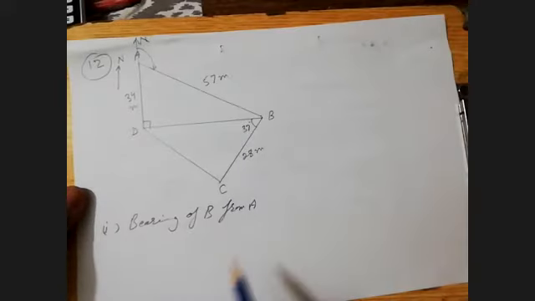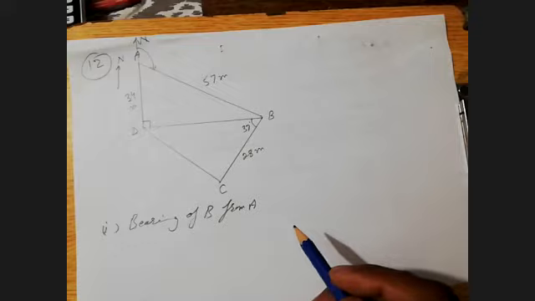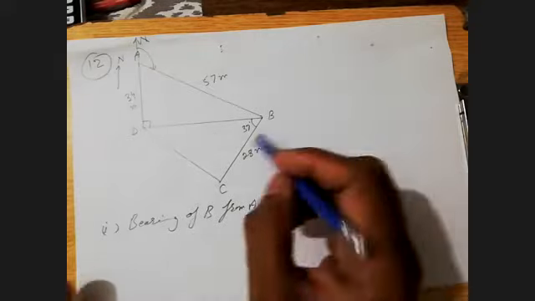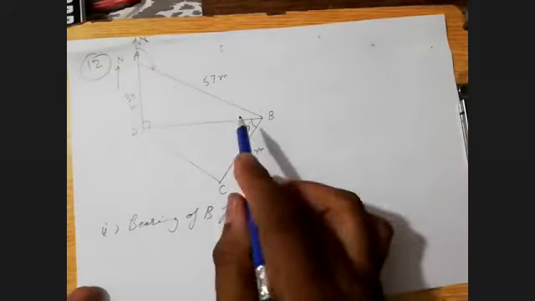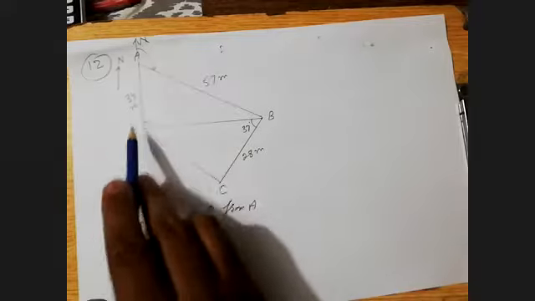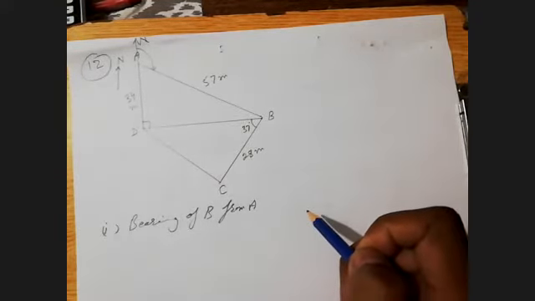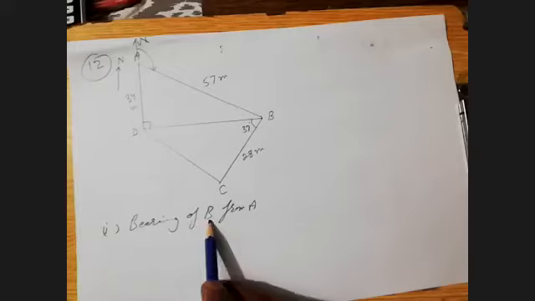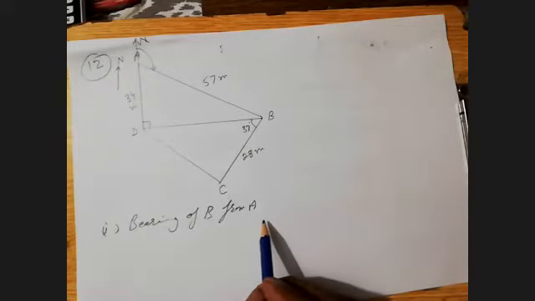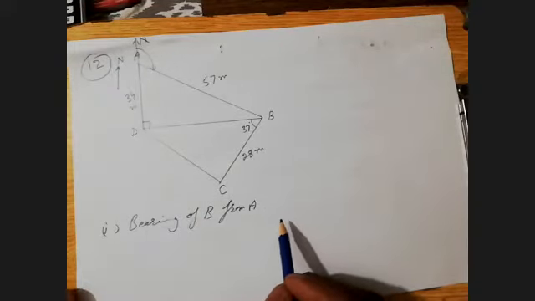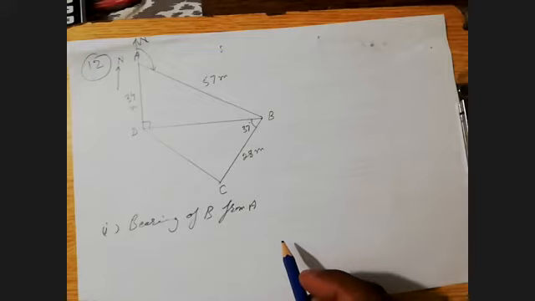You need to know this angle. This is the required angle which you have to find out. Now, as you can see, ADB is a right angle triangle, and you have to find out the bearing of B from A. A is the reference point from which you have to find out the bearing.